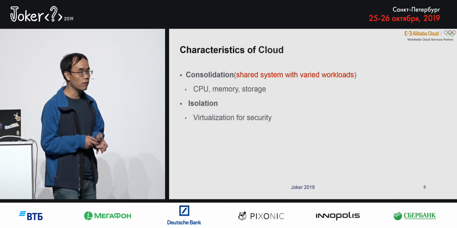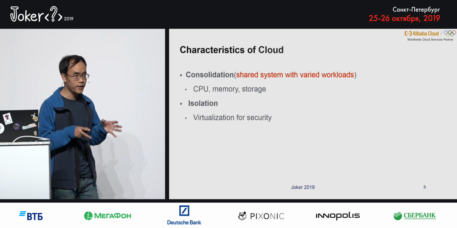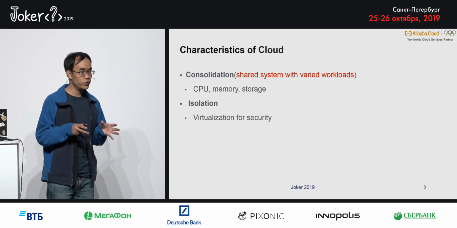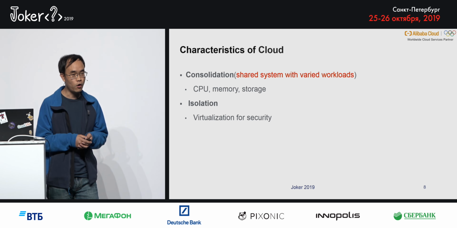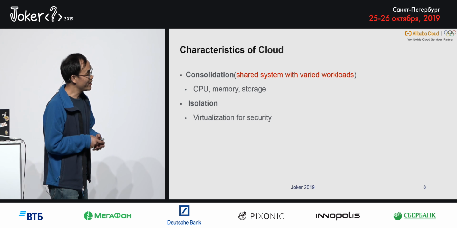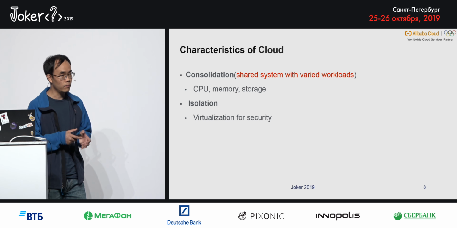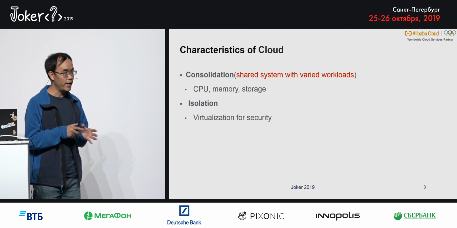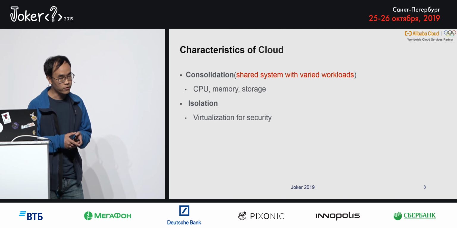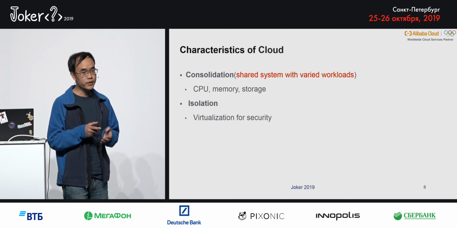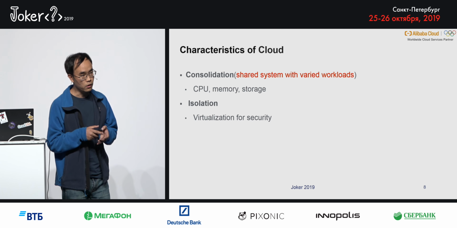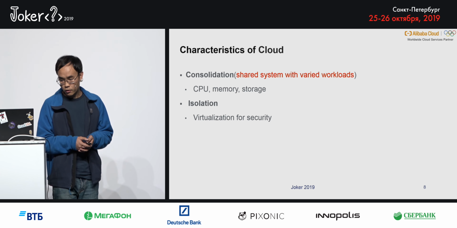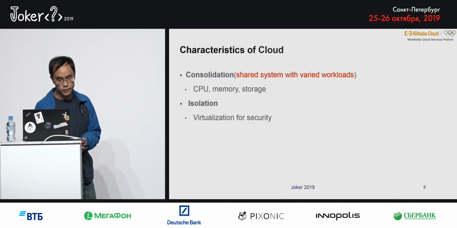It means you can run multiple workloads on the same physical machine, and different workloads use CPU and memory from the same system. But on the other side, most workloads are isolated by virtualization technology. For example, maybe your application runs on top of a virtual machine, or maybe inside Docker. So this is some background.